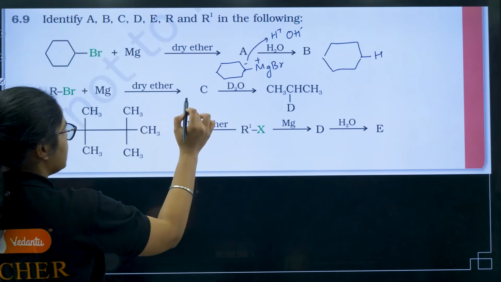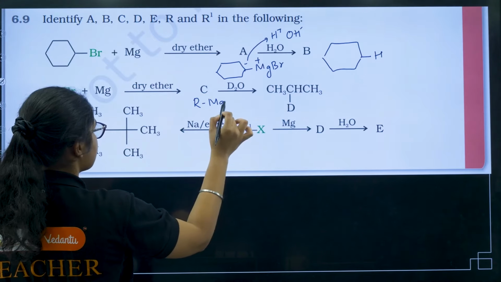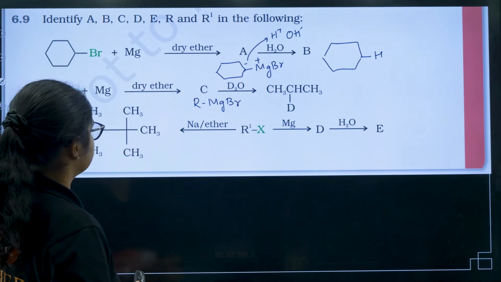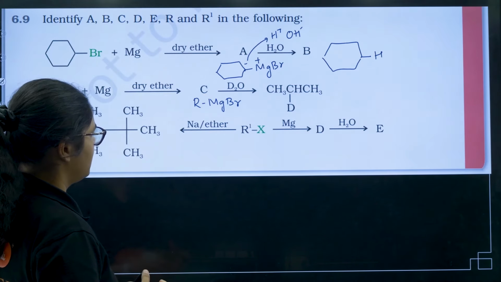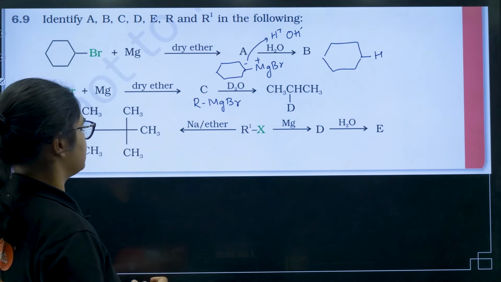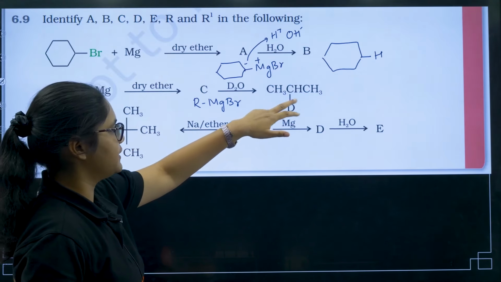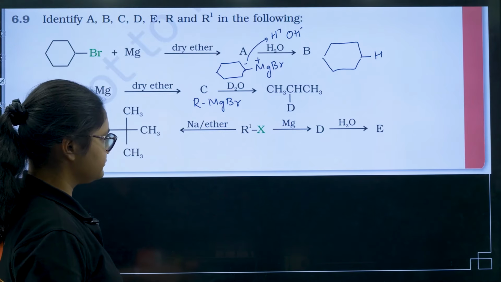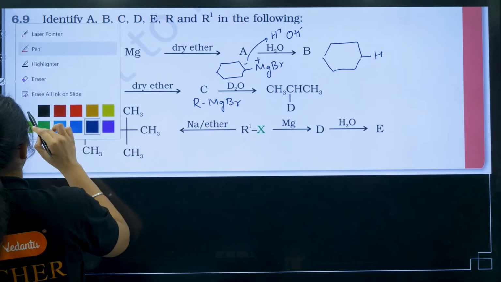Next we have again here RMgBr. Just a minute. You have to identify C also. First I will get CMgBr, then this one is getting attached here. So we have to try doing it like this.